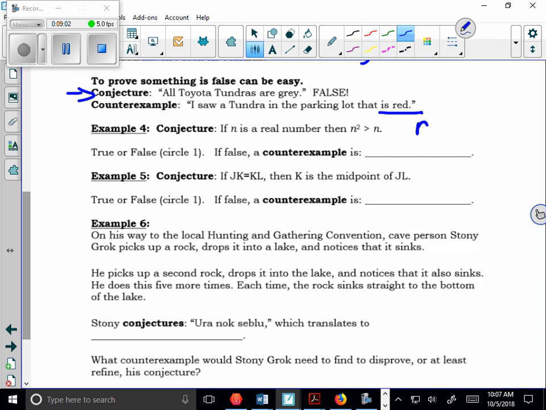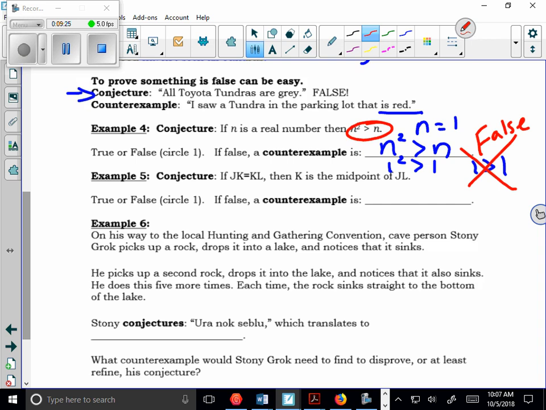If I say n equals 1, n squared is greater than n, 1 squared is greater than 1, that would say that 1 is greater than 1. That is not true. So that one example proves that that is not a true statement. So I'm going to say this is false.